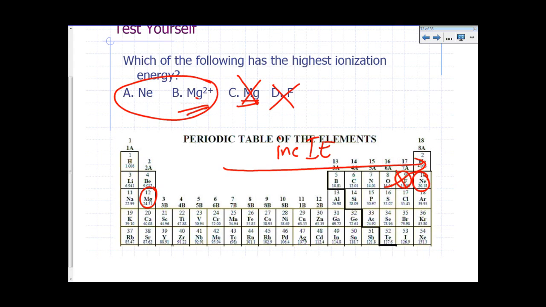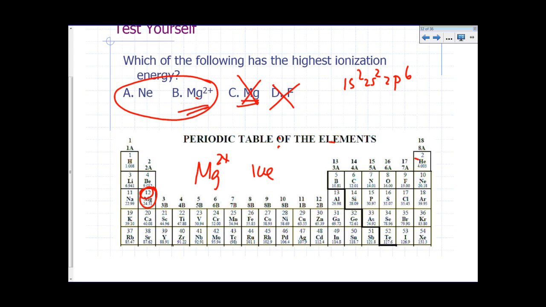So let's compare neon then with magnesium +2. Now neon and magnesium +2 are isoelectronic. Magnesium has 12 electrons, so magnesium +2 would have 10 electrons. They both have the same electron configuration, 1s2, 2s2, 2p6. But which one will have a higher ionization energy?